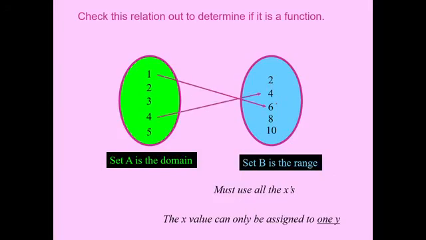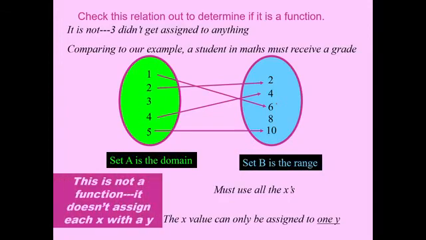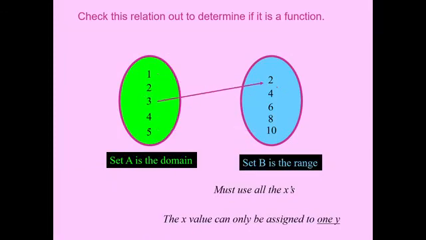Here's the question. Is this a function? No, this is not a function. Why? Because the number 3 was not assigned to any value in the range. That makes this example not a function. What about this?